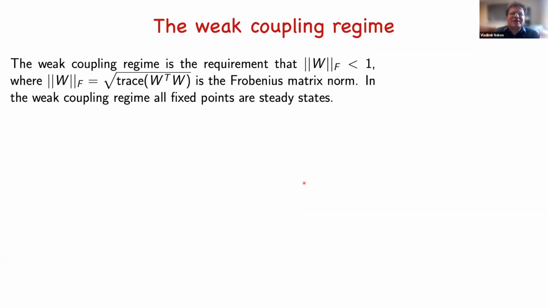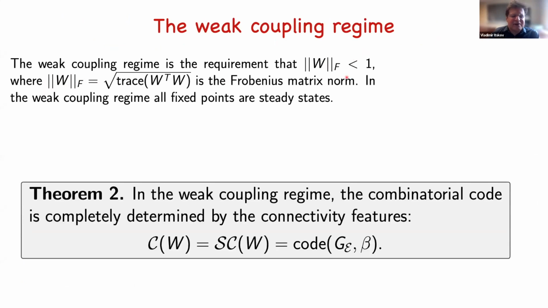And moreover, there is a so-called weak Kaplan regime. That is, if we assume that the synapses are sufficiently weak, that is, the Frobenius norm of the synaptic matrix is smaller than 1, then it turns out that in this weak Kaplan regime, the combinatorial code is completely determined by the connectivity features. And moreover, the combinatorial code is the same as the stable combinatorial code. That is, every fixed point is a steady state.